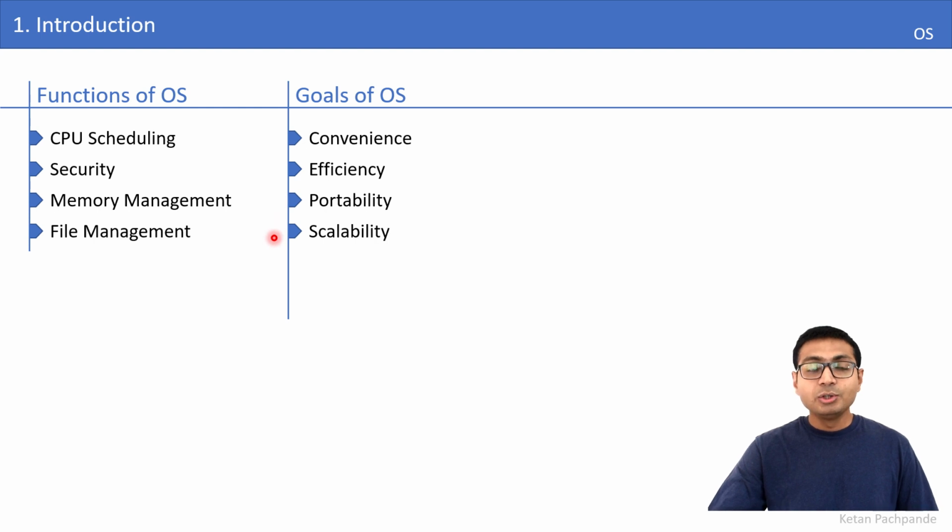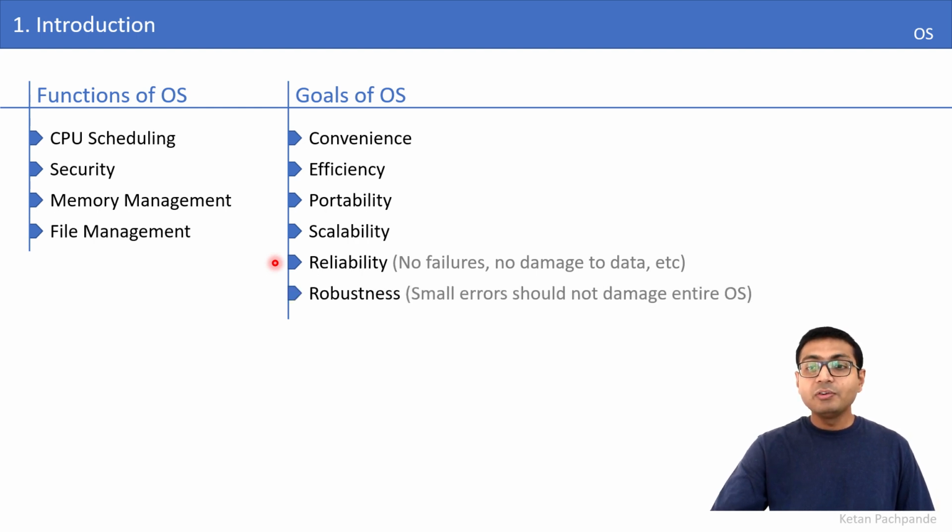Scalability, you should be able to run many applications in the operating system. Reliability, which deals with no failures in the operating system or no damage to the user's data. One of the very important aspects is robustness, which also deals with the errors. But the difference between reliability and robustness is, when we say that the operating system is robust, it means if a small error occurs in the operating system, OS should not damage all the processes.